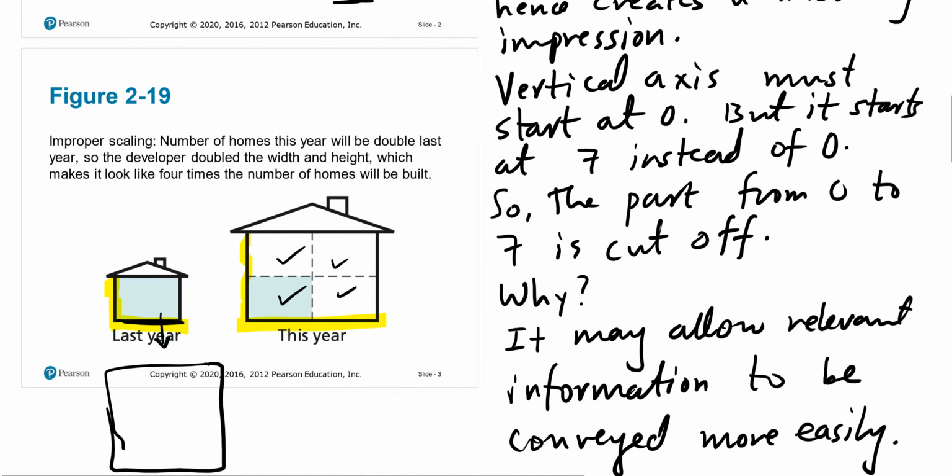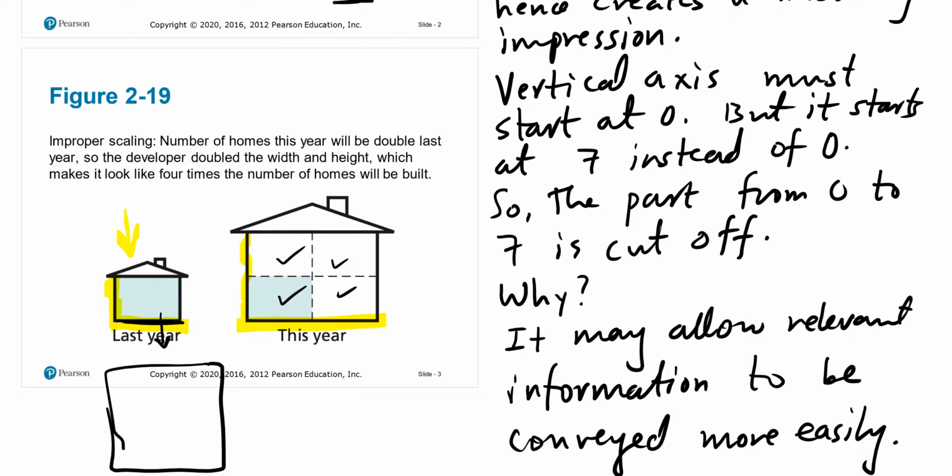Now, last thing, they said the number of homes this year will be double last year. So what the developer did, they drew the actual house, which is this one, and then they tried to show the reader what happens if we double this.